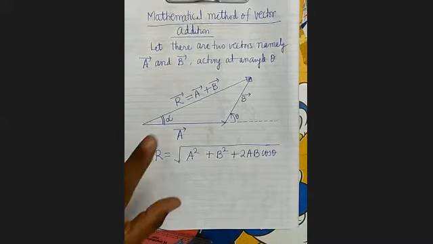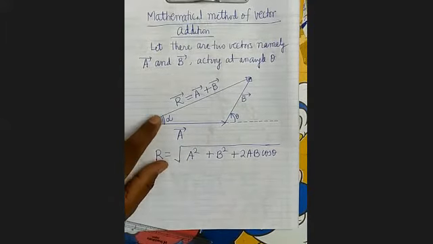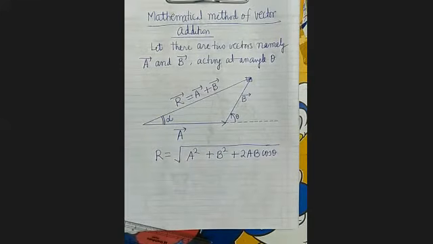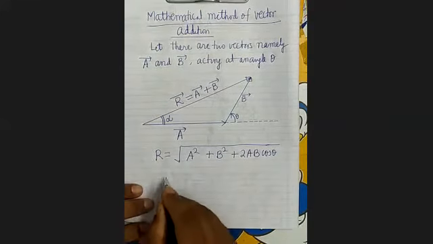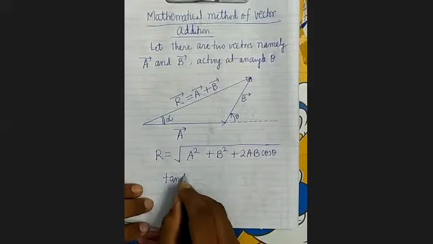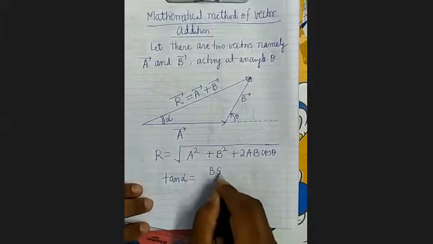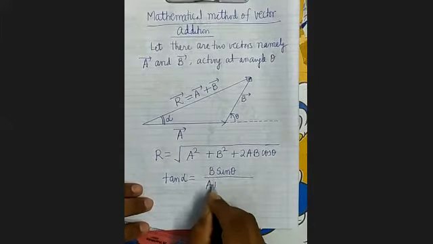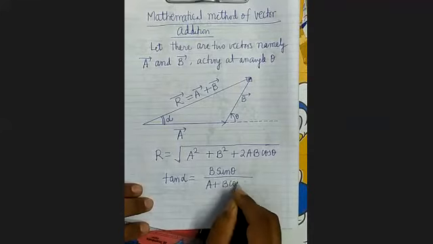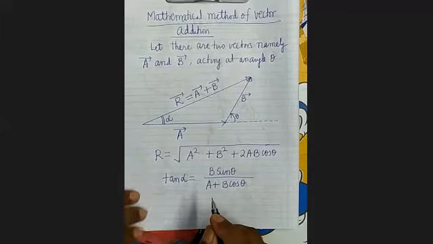That is tan alpha, which will be equal to B sin theta upon A plus B cos theta.